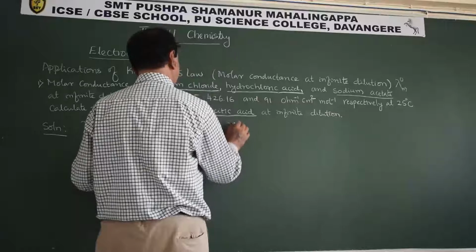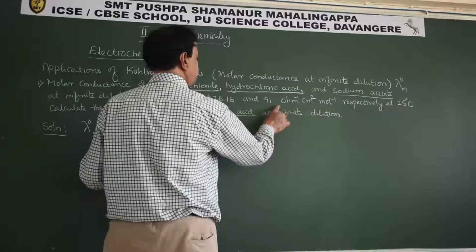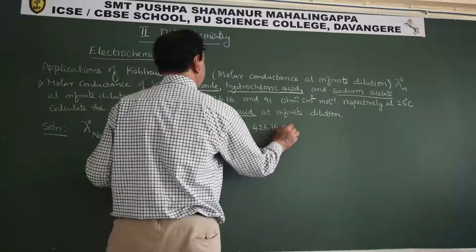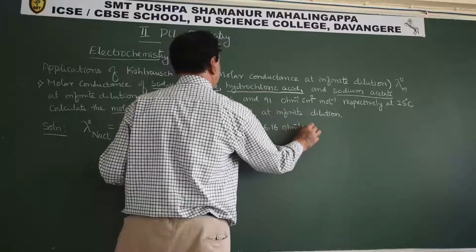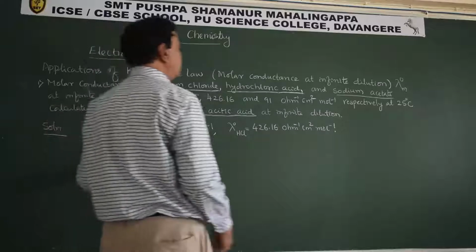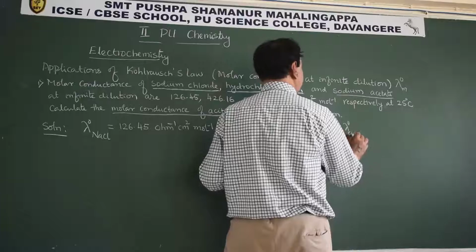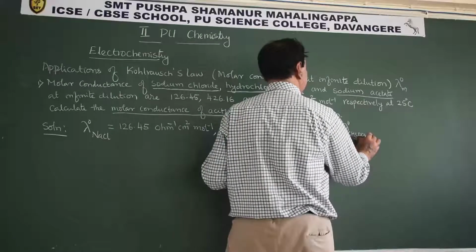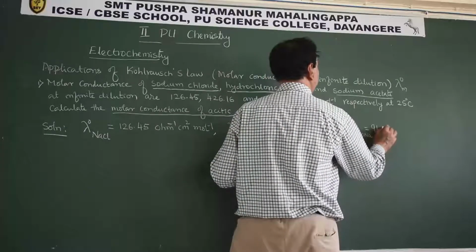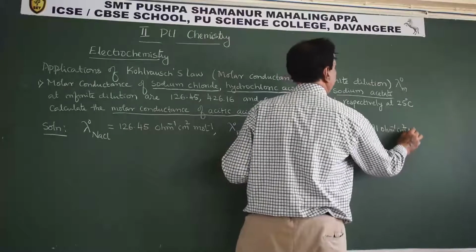And lambda naught of hydrochloric acid is 426.16 per ohm square centimeter per mole. And lambda naught of sodium acetate, CH3COONa, is equal to 91 per ohm square centimeter per mole.